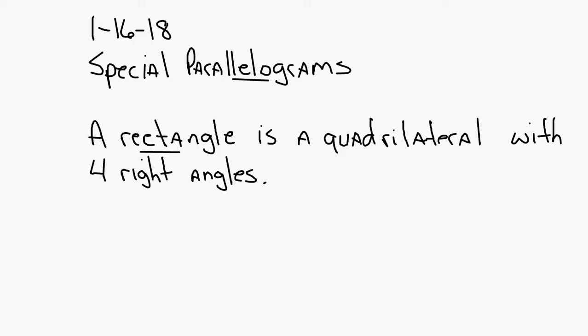Diagonals bisect each other. All right, but then in this case, it also has 4 right angles, and its diagonals are congruent.